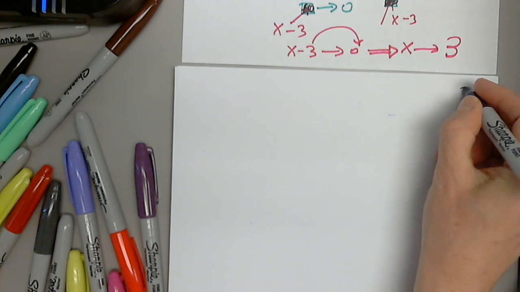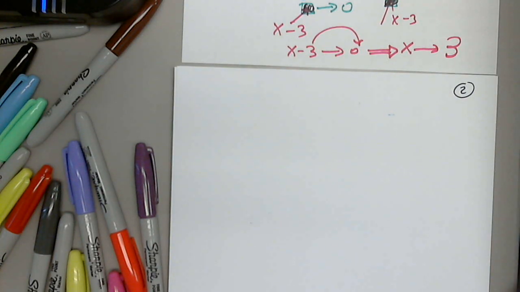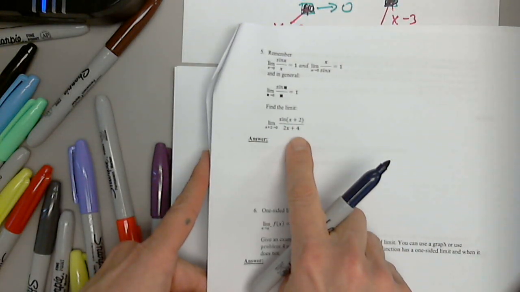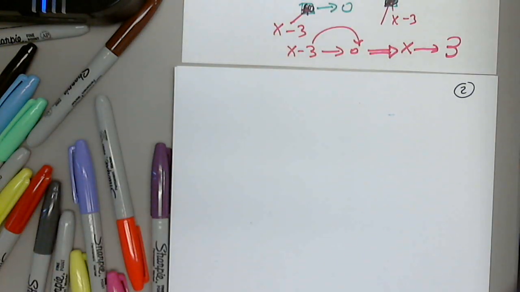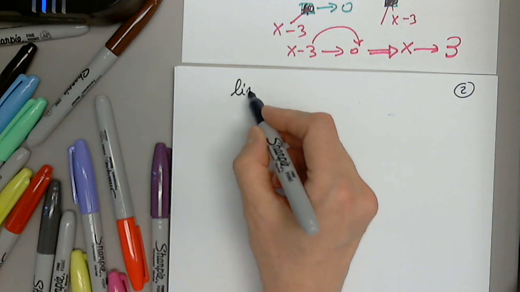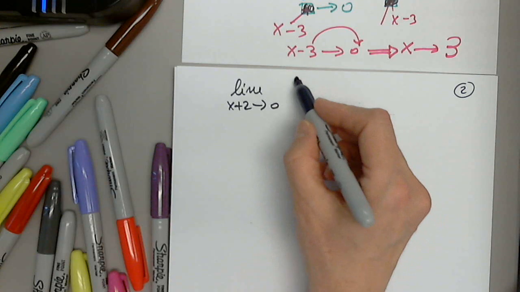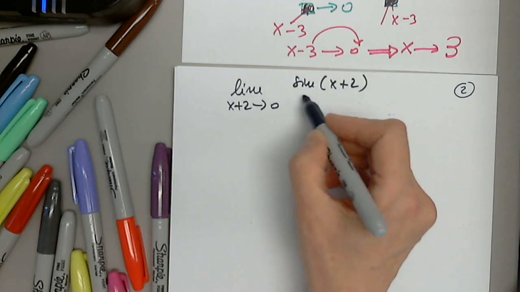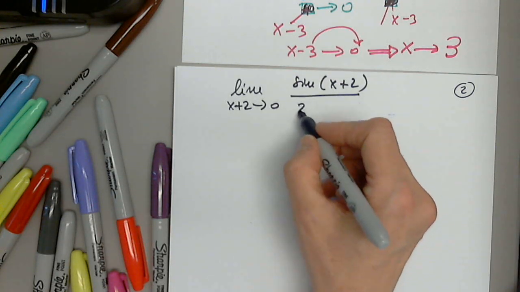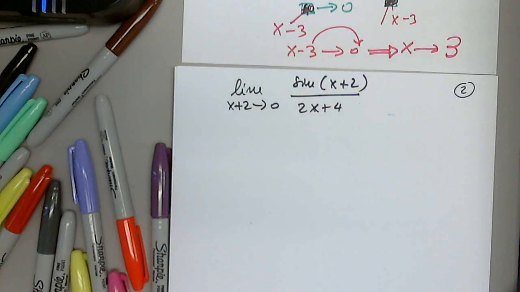Any questions? Okay, so I have an example here on our handout. This is the limit as x plus 2 approaches 0 of sine of x plus 2 divided by 2x plus 4.